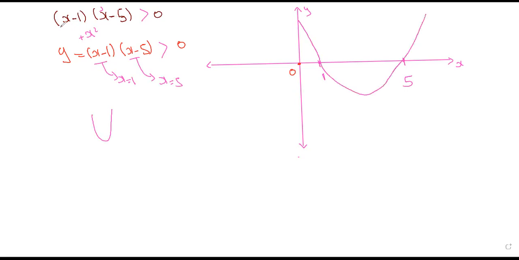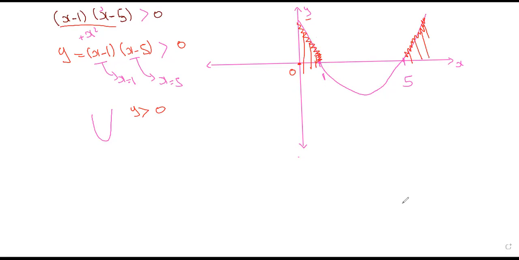Your range is that this is greater than 0. This means that y is greater than 0. This is 0, this is y. So y greater than 0, I'll just highlight the points on the graph where y is greater than 0. So these are the points. They correspond to these values of x.